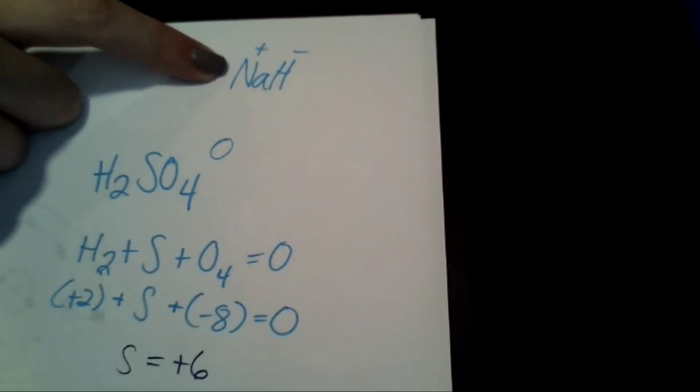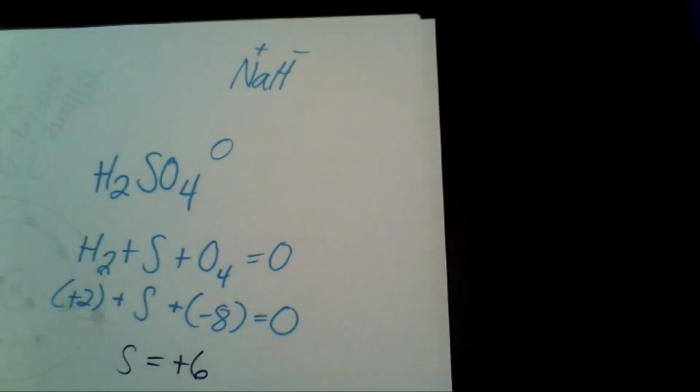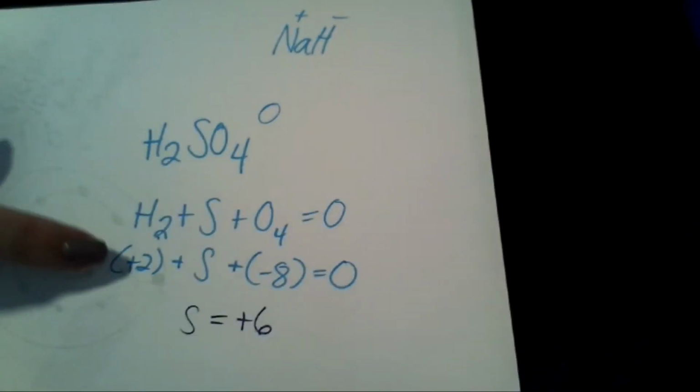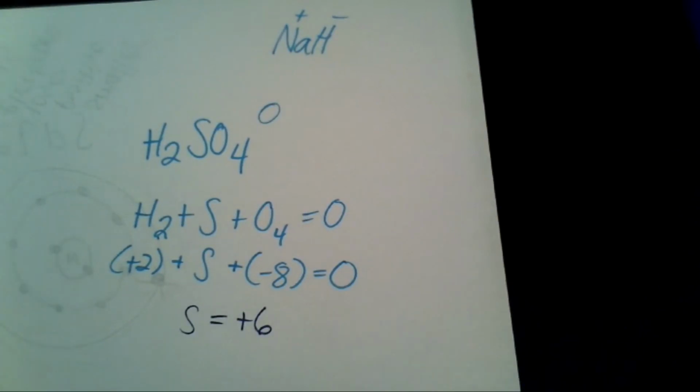Yes, hydrogen is going to be negative when it's paired up with a metal. And pretty much that happens like 1% of the time. And 99% of the time, it's going to be that +1. So sulfur in this case had to be the +6 to get this whole thing to cancel out to 0. It's a mix of algebra and periodic table.